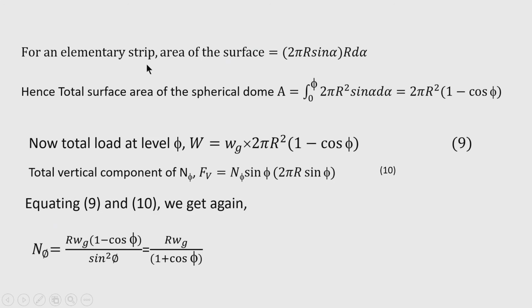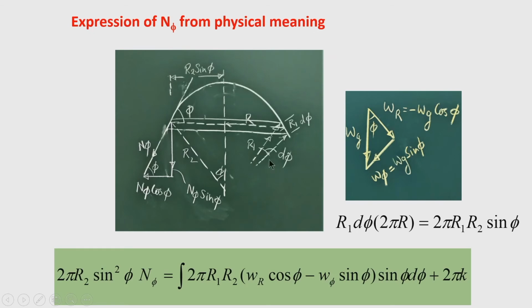For an elementary strip, suppose this small angle is taken as d alpha. d alpha is taken only to avoid confusion in the integral, because the limit we are taking is 0 to phi and integration is done with respect to phi. So, we are taking another variable alpha instead of phi, but the expression will be the same.